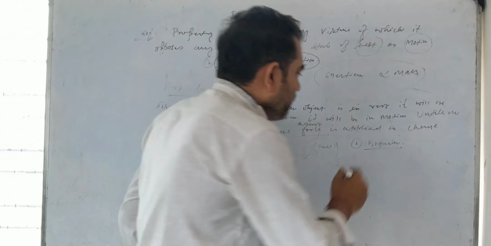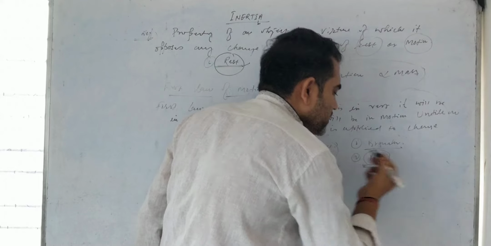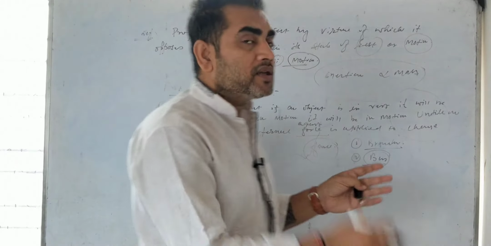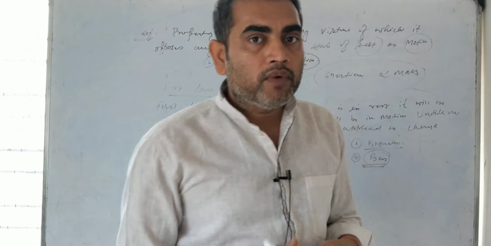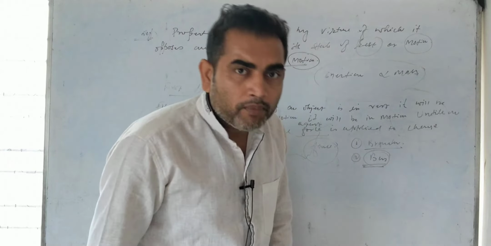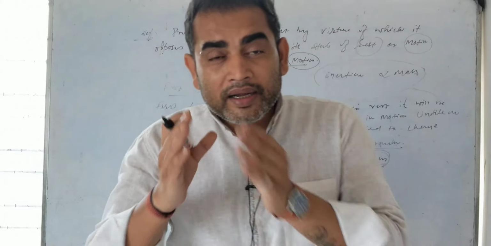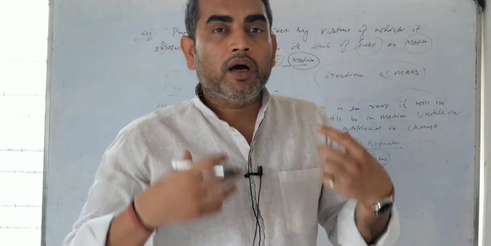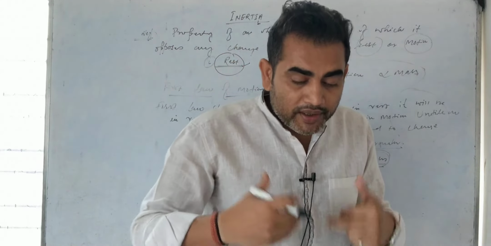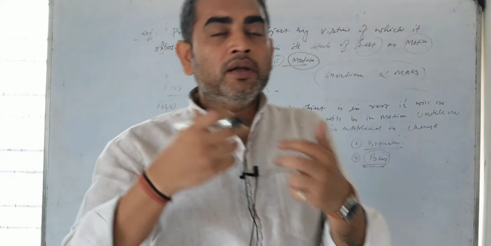Again, whenever we move in a bus, suppose the bus is at rest, and suddenly the bus starts, we lean backward. Why do we lean backward? Because the lower part of the body which is in contact with the bus comes into a state of motion along with the bus, while the upper part that is not in direct contact with the bus tends to remain in a state of rest, and so it leans backward.